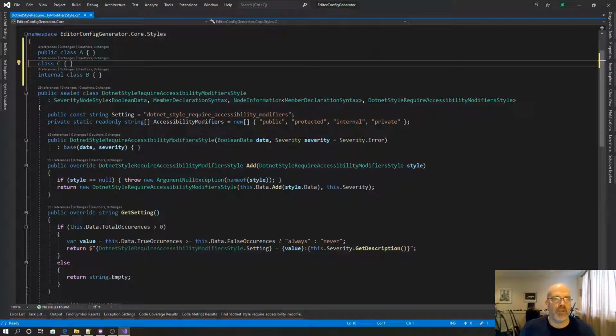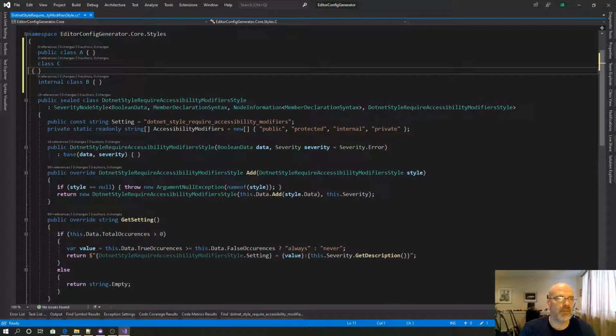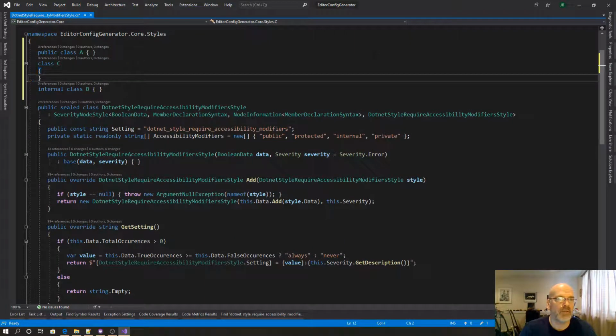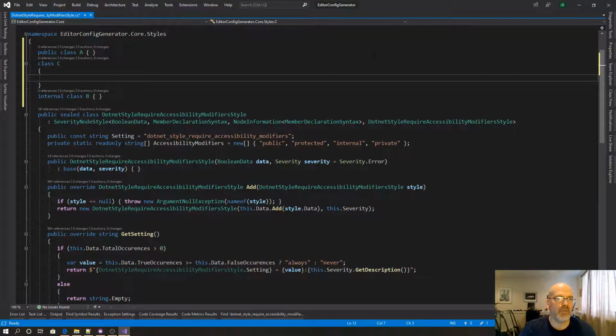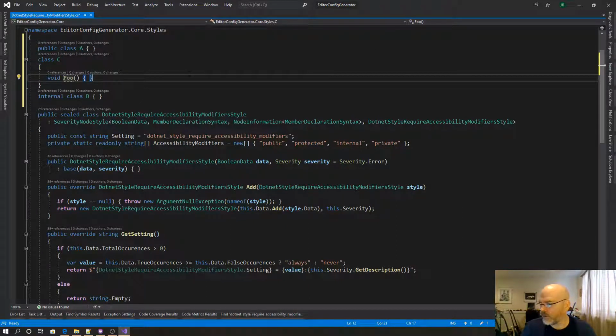I could have methods in here as well that don't have it. If I don't have it for this one, but let's say I put in like void foo. Okay, fine. What is the default for a method?